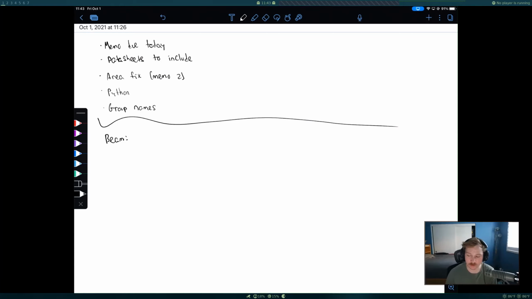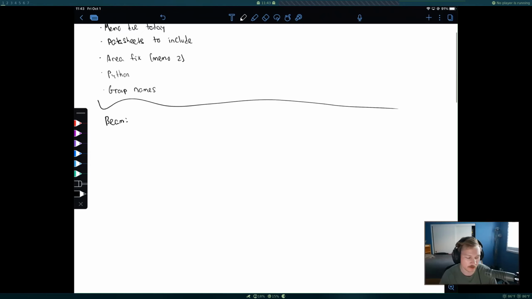A beam is going to support a transverse load. That's a load that's perpendicular to the longitudinal axis of the beam. And from that load, there's going to be bending stress and then, of course, deflection.